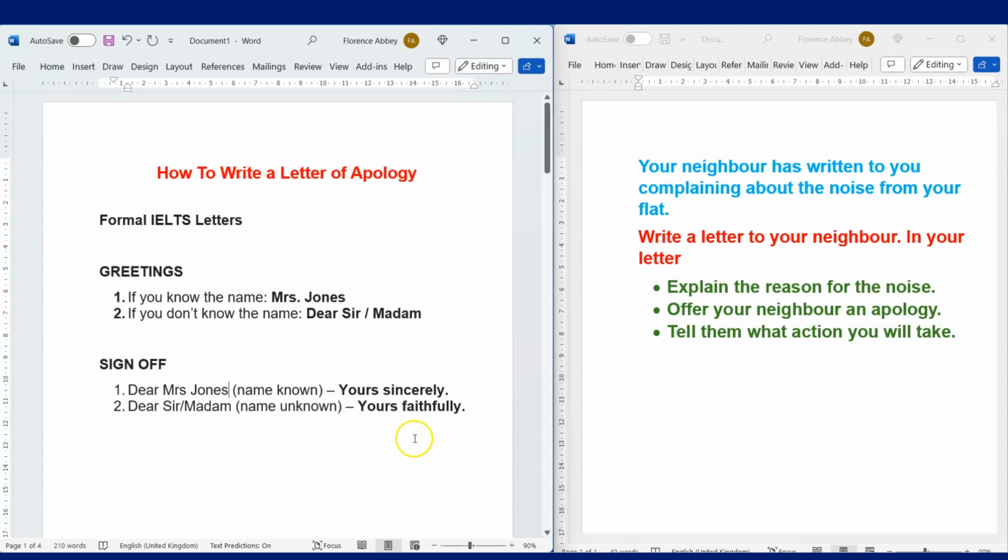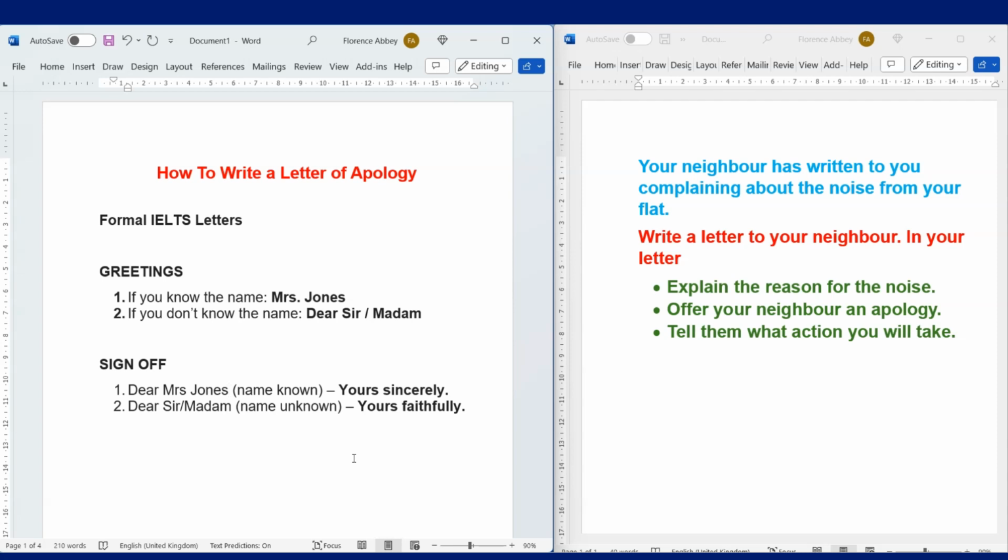You can also use a phrase like kind regards. It is a formal but friendly way, and it's appropriate for most situations. It's particularly useful if you are struggling to remember how to spell sincerely or faithfully.